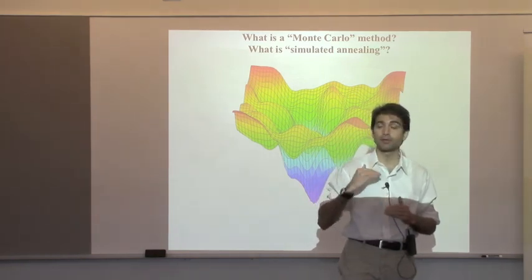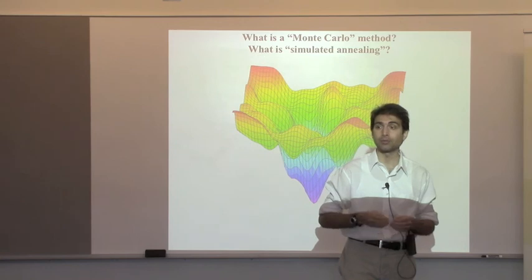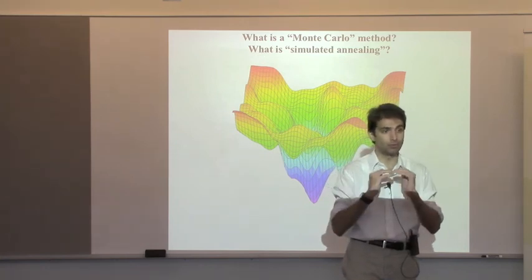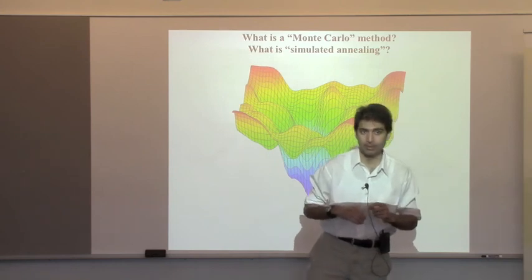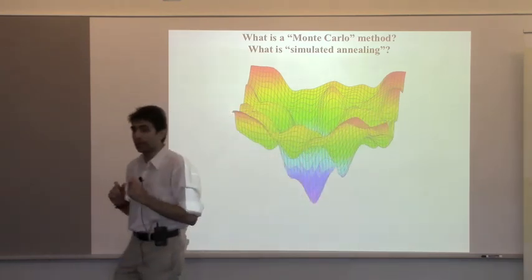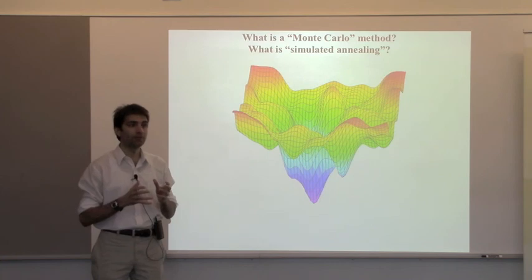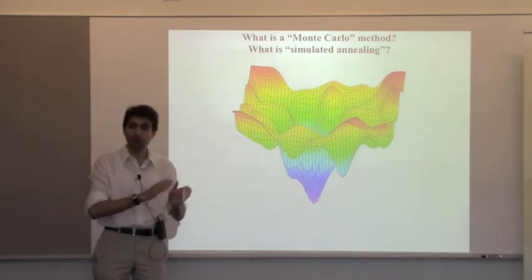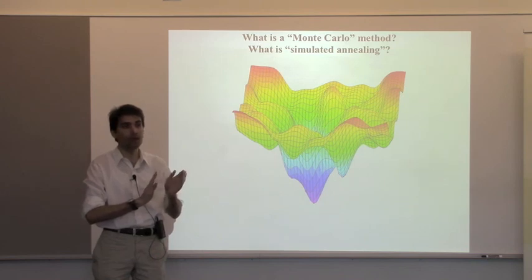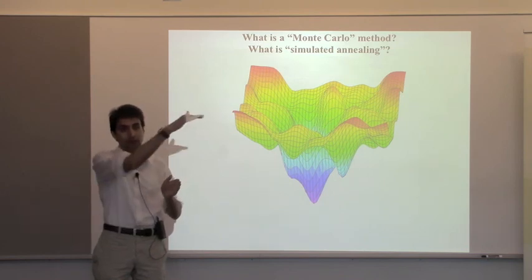If the temperature is very, very low, I'm very likely to reject moves that increase the energy. And a move that increases the energy would have to be very, very small for me to accept it. So the temperature lets you control how strongly you want to drill down into lower energy regions, or how much you're going to permit traveling uphill.